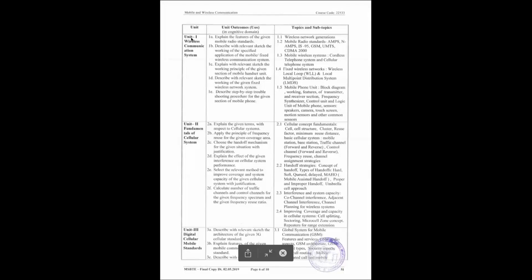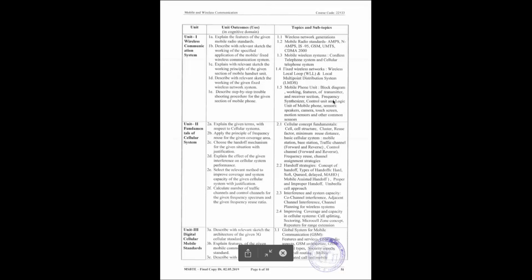So, we are at unit first, that is wireless communication system. This is an introductory unit, and in this unit we have already covered points 1.1 to 1.4, and now we are going to move towards the last part, that is a mobile phone unit.